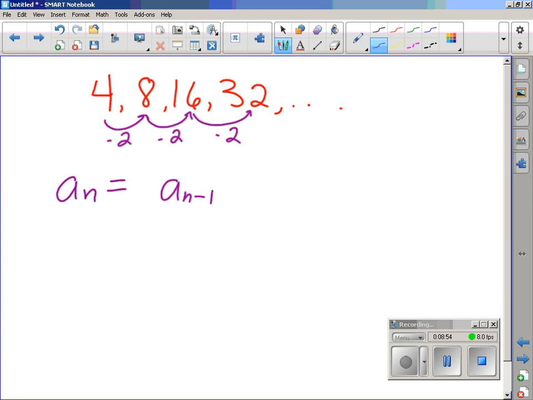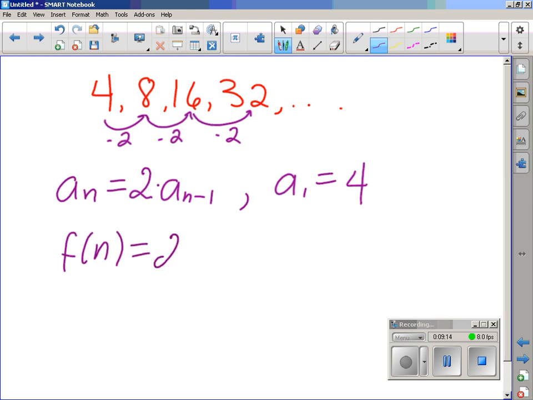Oh, all I do is multiply by 2. So I'm just going to put times 2. Then what's the first term? The first term is 4. There's my recursive rule for that geometric sequence. You also could have written f of n equals 2 times f of n minus 1 with f of 1 equal to 4.